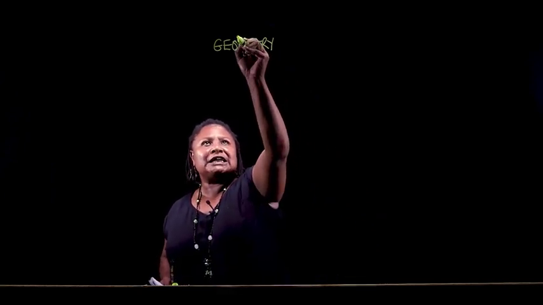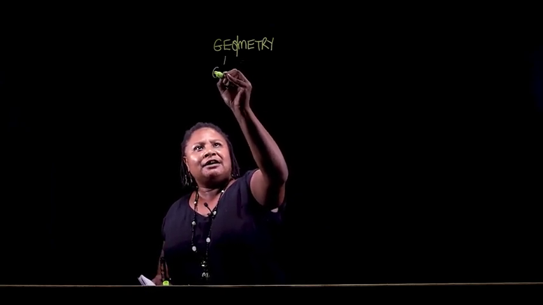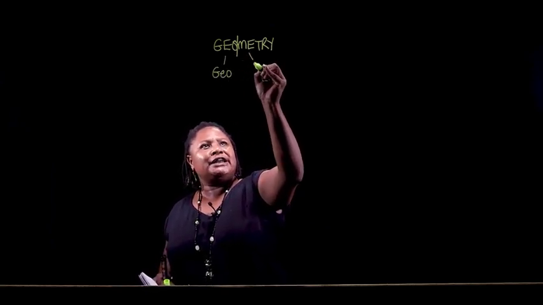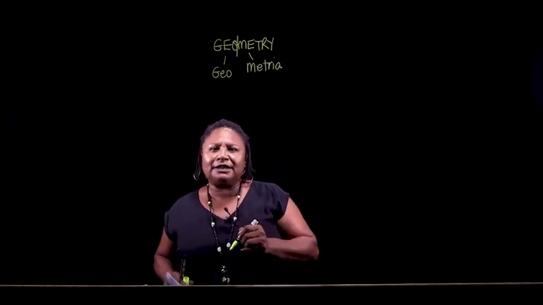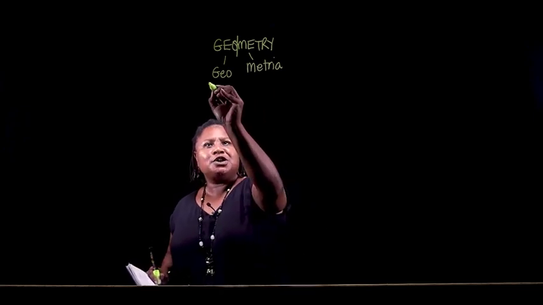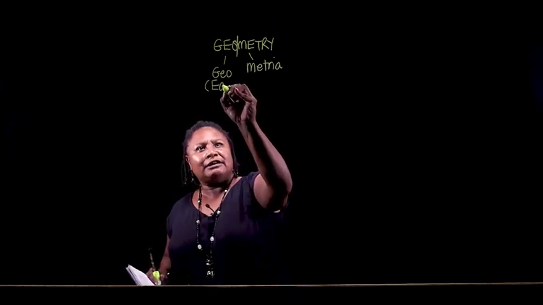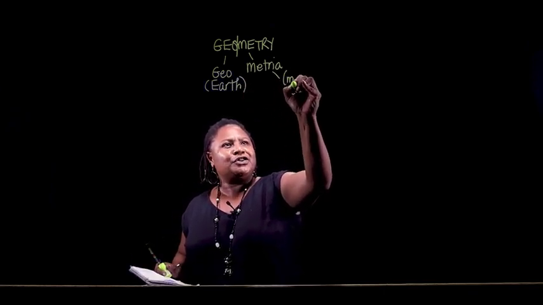Geometry is made up of two Greek words: geo and metria. I think you've learned the two words' roots are Greek, and geo means earth, and metria means measure.